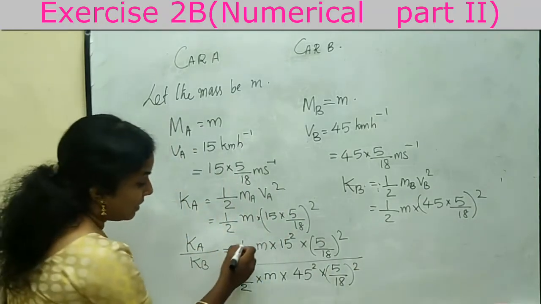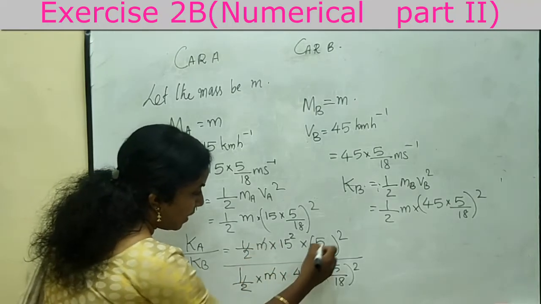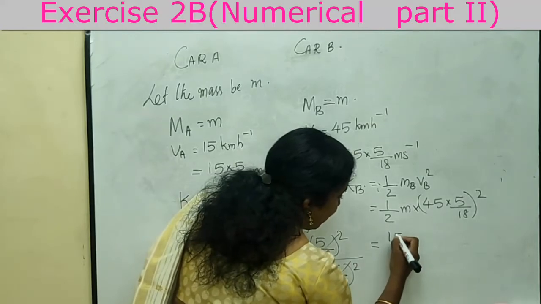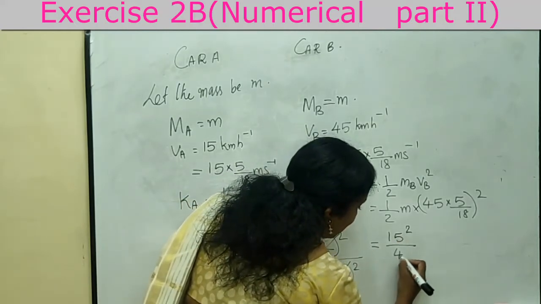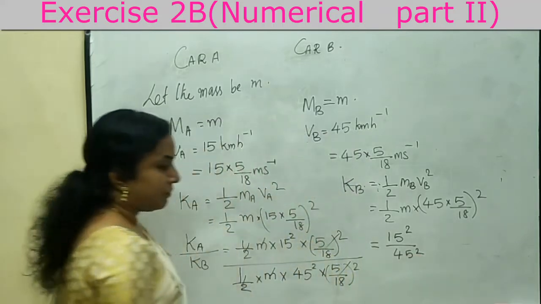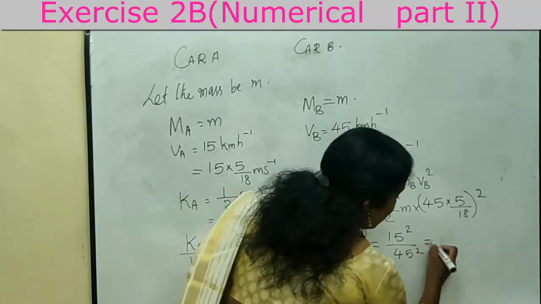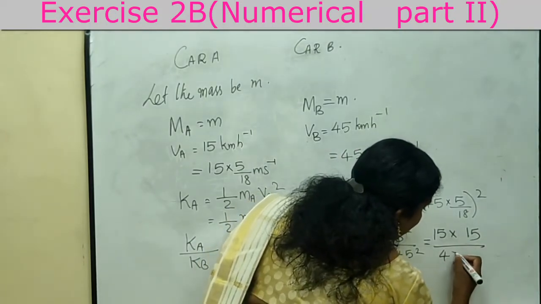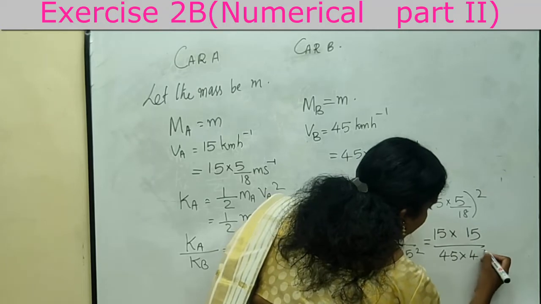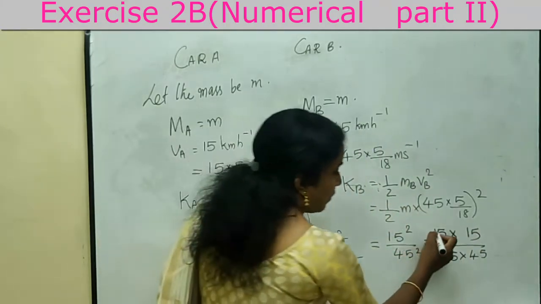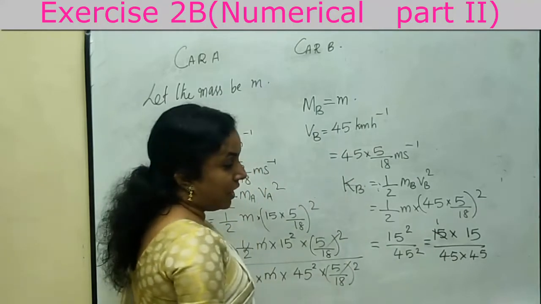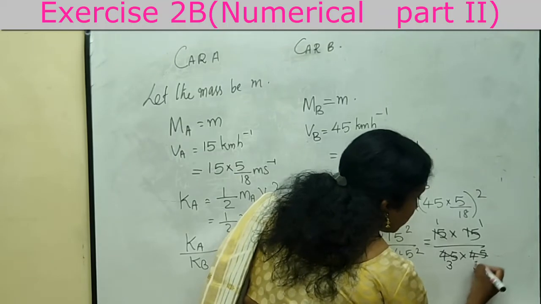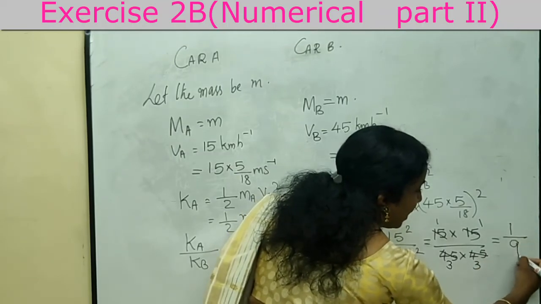We can cancel this half m and 5 by 18 square. So we will get the answer as 15 square divided by 45 square, which is equal to 15 into 15 divided by 45 into 45. 1 15s are 15 and 3 15s are 45. So we will get the value as 1 by 9.